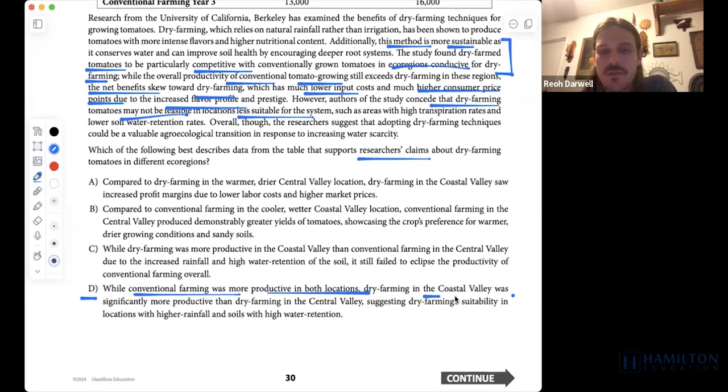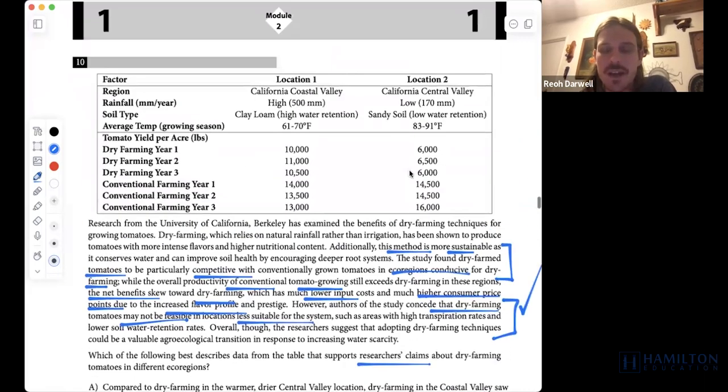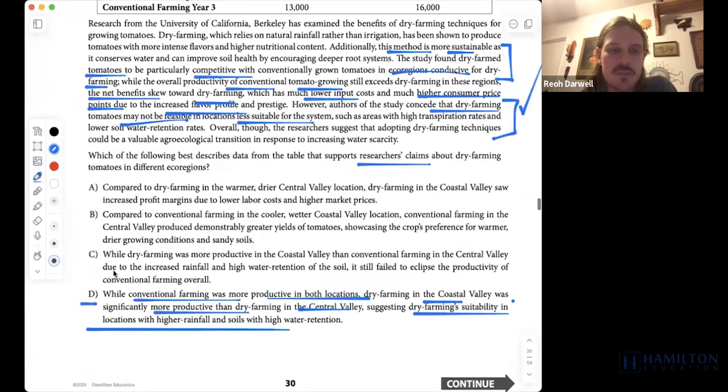Dry farming in the coastal valley was significantly more productive than dry farming in the central valley, suggesting dry farmers' suitability in locations with higher rainfall and soils with higher water retention, which is exactly what was stated right here. Okay, and now we see that that is true, right? There's high water retention, lower temperatures. Dry farming is very productive. Okay, so that's how we get to D.